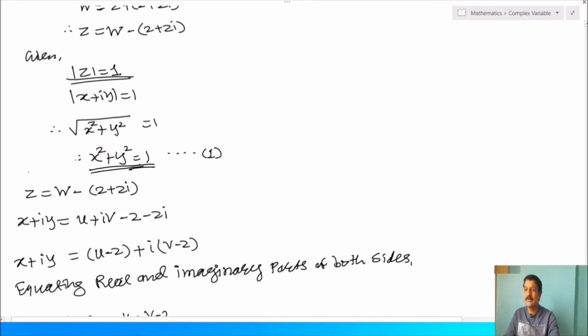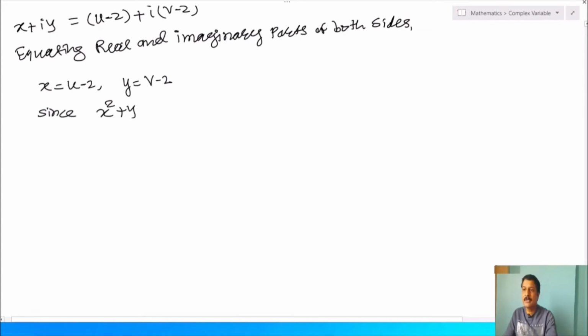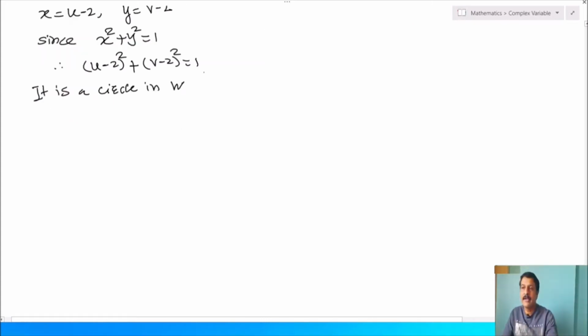So substitute these values in this equation, and we will get the required image. Since x square plus y square equal to 1 is a circle in Z plane, with x as u minus 2 and y as v minus 2, we get (u minus 2) whole square plus (v minus 2) whole square equal to 1. It is a circle in W plane.